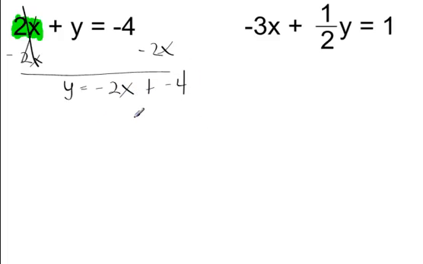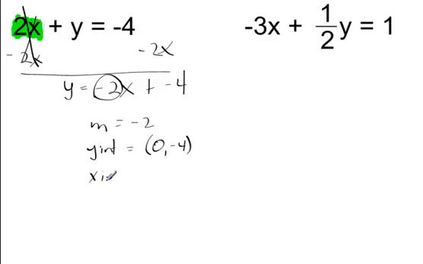So now it's in slope-intercept form. So we know that our slope is the number in front of the x, so that's negative 2. We know our y-intercept, I'll write it y-intercept this time, is negative 4. So we know the ordered pair would be 0 for x and negative 4 for y. Again, that simply states that it crosses the y-axis at negative 4.